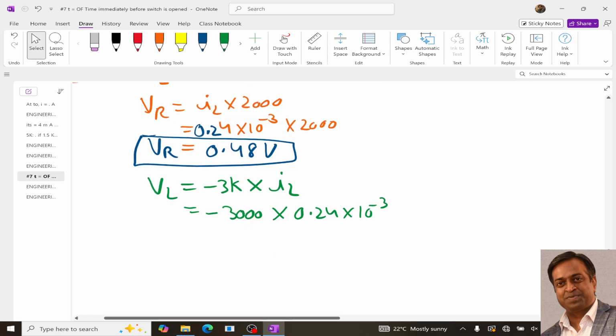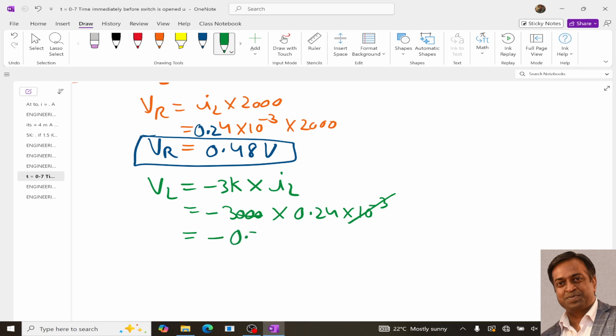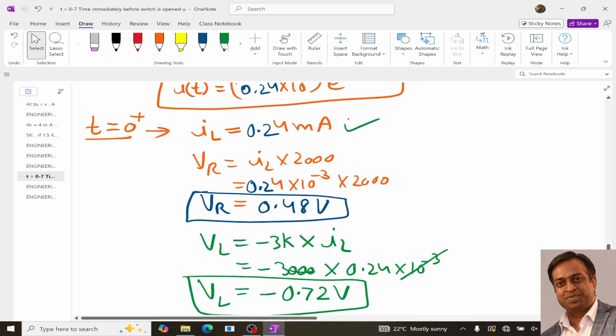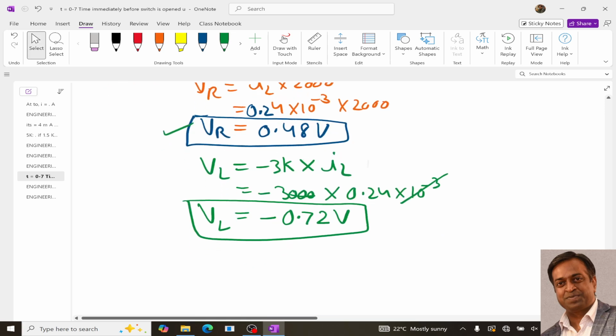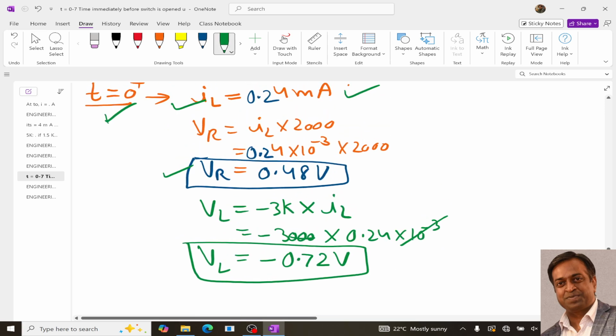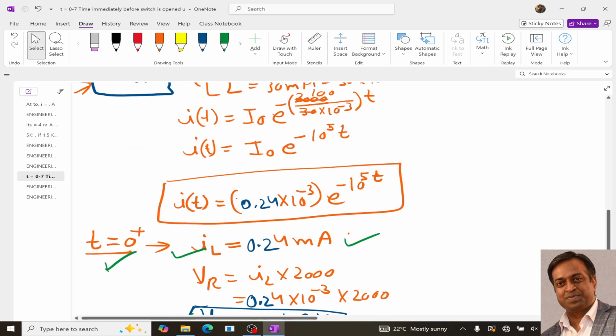This and this cancel, so we will get minus 0.72 volt. So at t equals 0 plus, our VR is 0.48 volt, our IL is 0.24 milliampere, and VL is minus 0.72 volt.